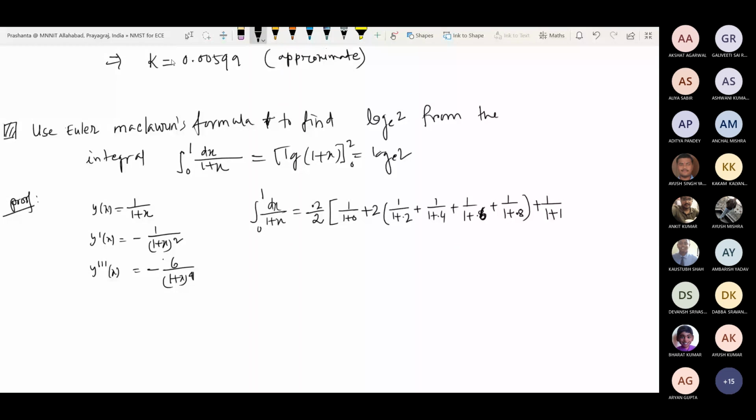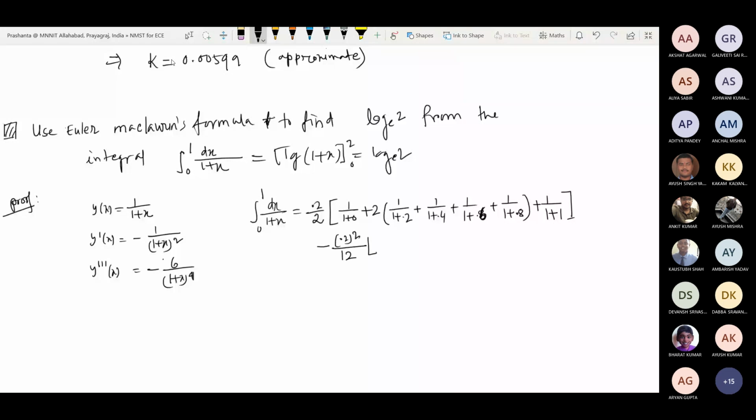This is the trapezoidal part, yes or no? Yes, sir. Now next you have to consider the derivative part, the successive improvements. So they are minus h square by 12, where h is 0.2, square by 12.